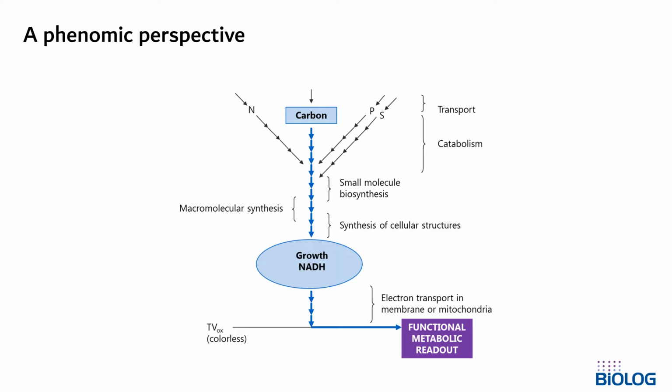If the organism can utilize the compound or respire in the presence of components in the well, they respire, they produce NADH, and that NADH can then be used to convert our colorless tetrazolium dye into a visible purple color. By looking at expressed cellular properties or phenotypes, we're eliminating much of the noise and can focus on properties that are biologically relevant to the cells of interest.